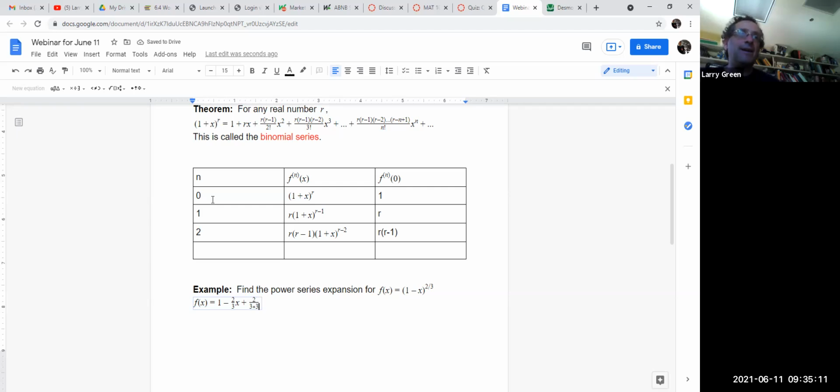Okay, and then over 2 factorial. 2 factorial is just 2 times 2. And then x squared. Negative x quantity squared is the same as x squared. And notice we had a negative sign, so it's a minus.